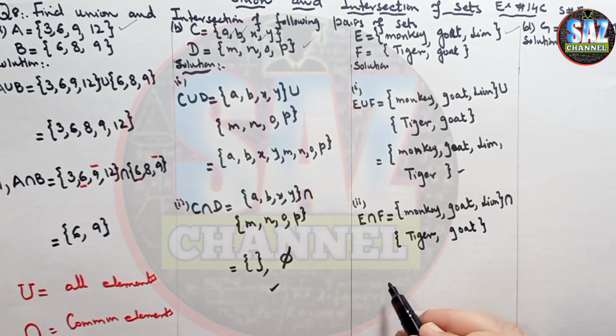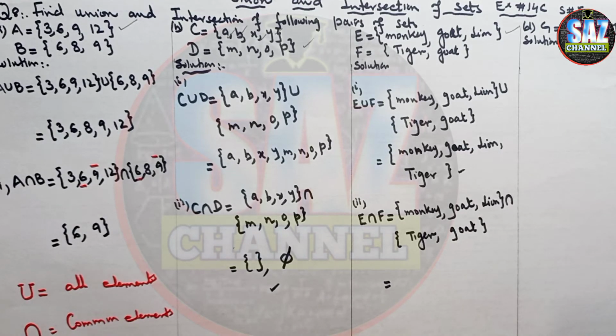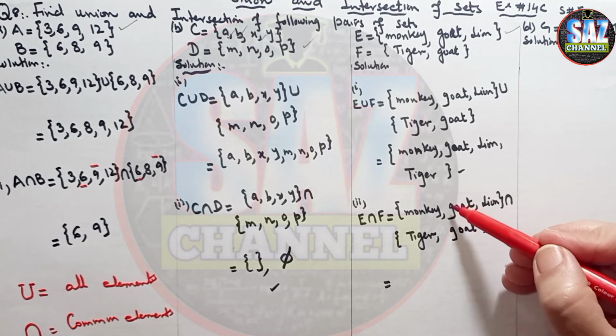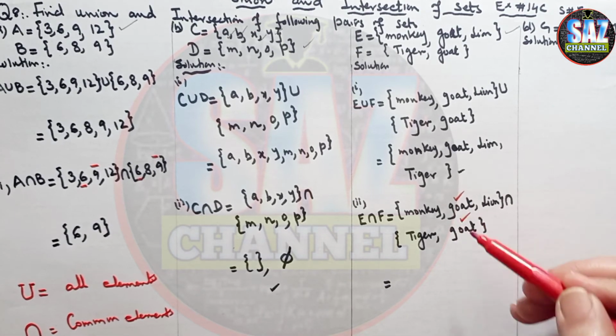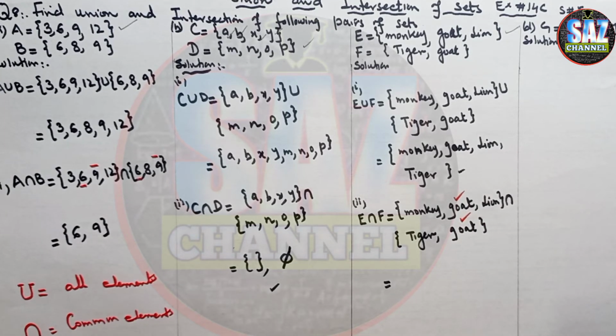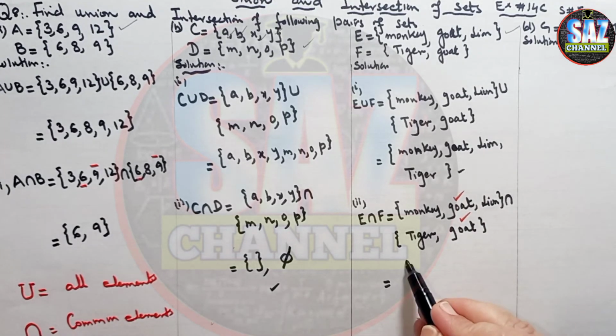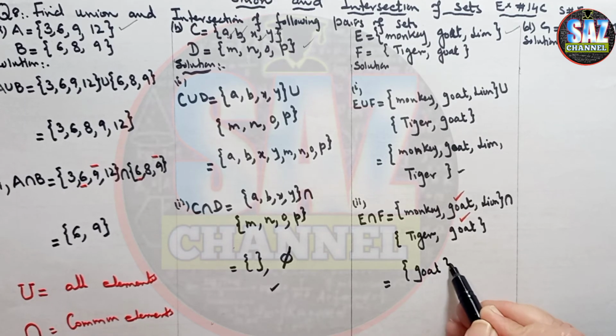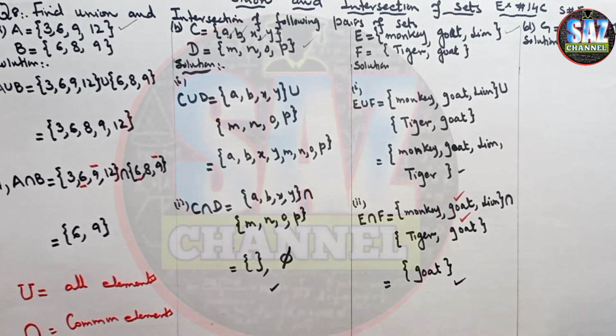Now if we look at both these sets, as intersection means the common elements, we can see that in both sets goat is the common element. So the intersection will be goat. I hope now the idea of union and intersection is clear and easy to you.